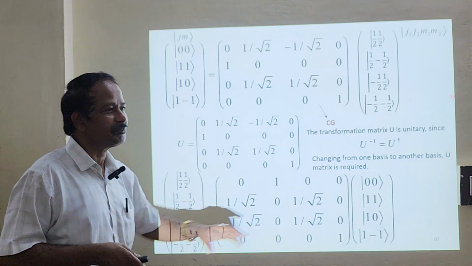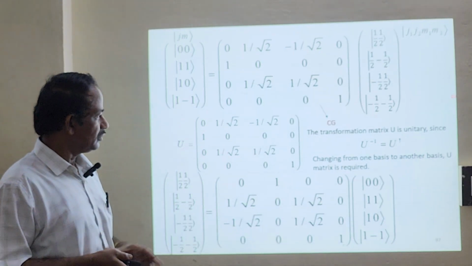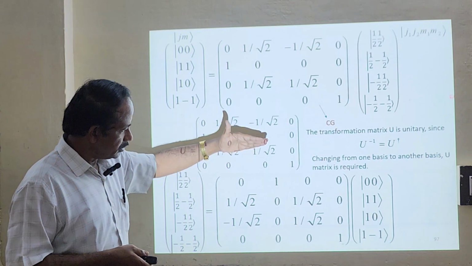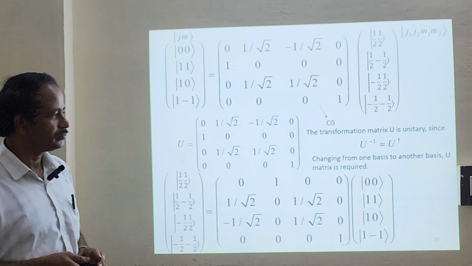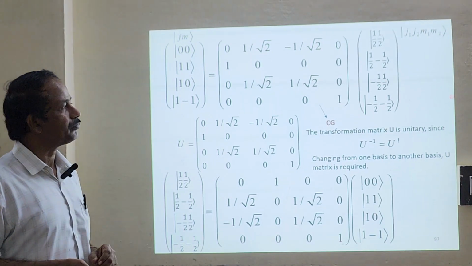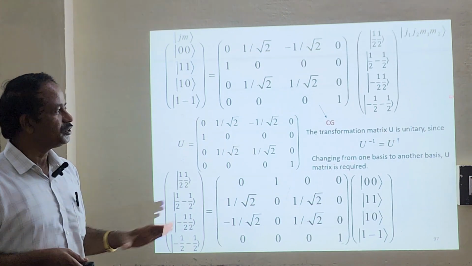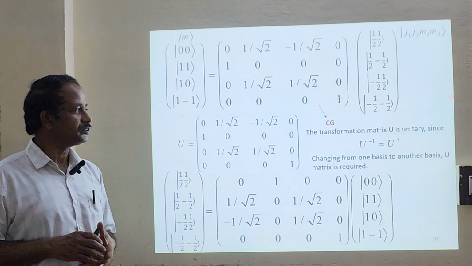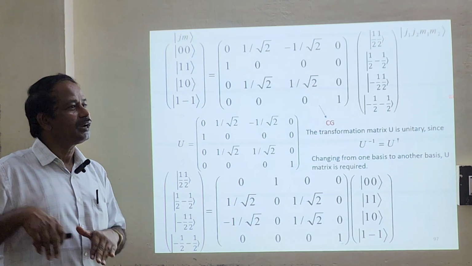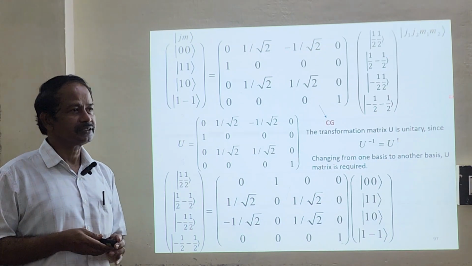So this is your coupled basis. Second row, second column, third row, third column, fourth row, fourth column. It's very simple. Any doubt? This problem is very important, and we have used Clebsch Gordan coefficients to get from the uncoupled basis to the coupled basis. Okay, thank you students. We'll see you later.